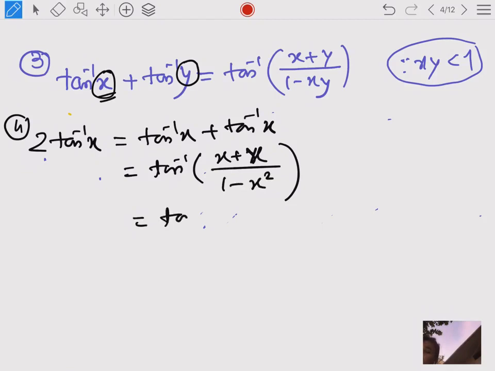So now this becomes 2x upon 1 minus x square. So the formula for 2 tan inverse x is tan inverse of 2x upon 1 minus x square. This formula is very important.